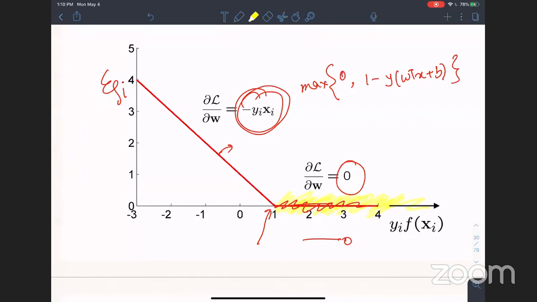Your hyperplane is only dependent on the points which are on the verge of getting misclassified, or which are violating those conditions. That's what your loss is defined as, right? So all the points on this linear line are the candidate points for whom y f(x) is less than 1.